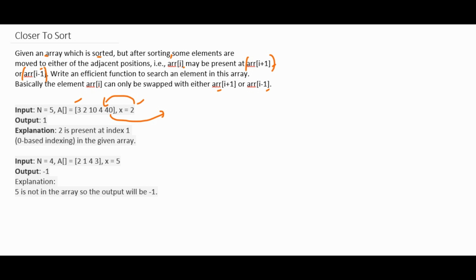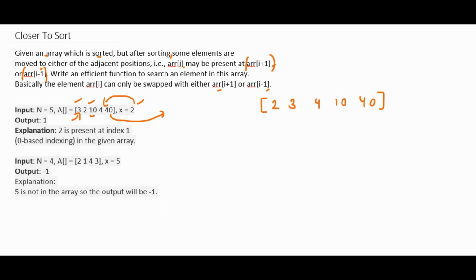Okay. So let's say if this array would have been sorted, what would it look like? It will be 2, 3, 4, 10 and 40, right? And what we are given is this array.